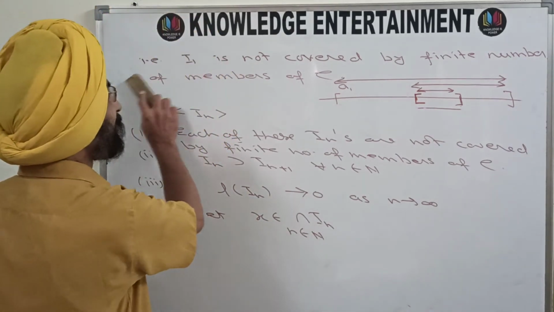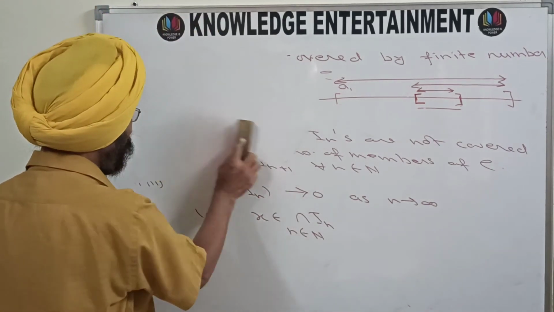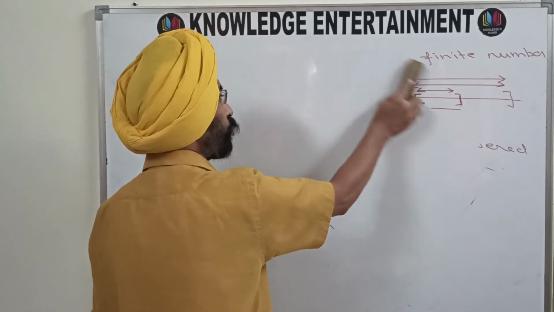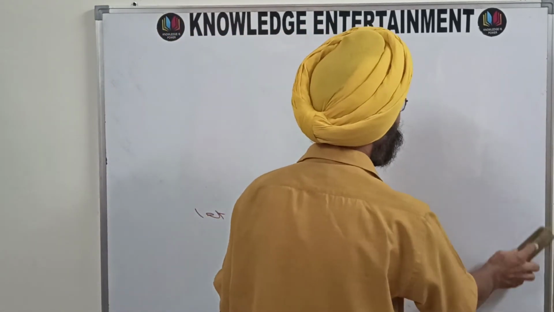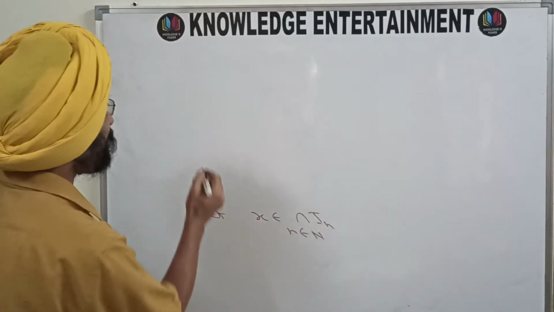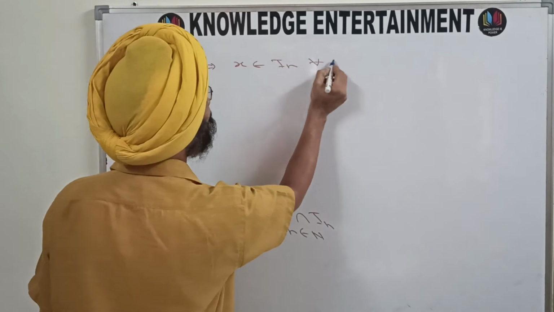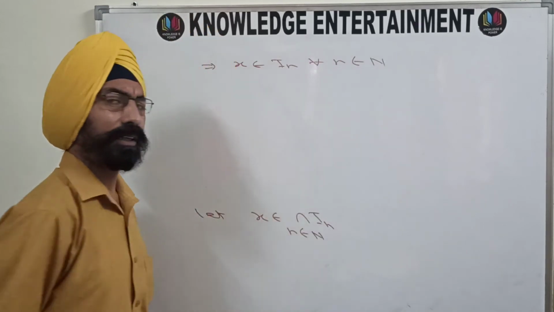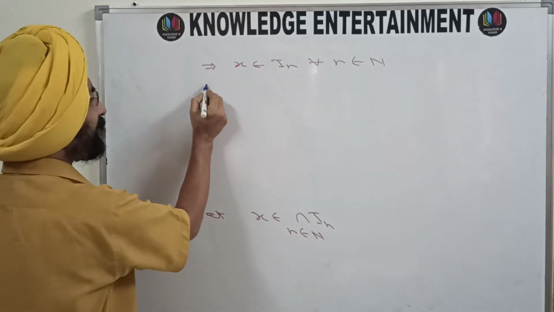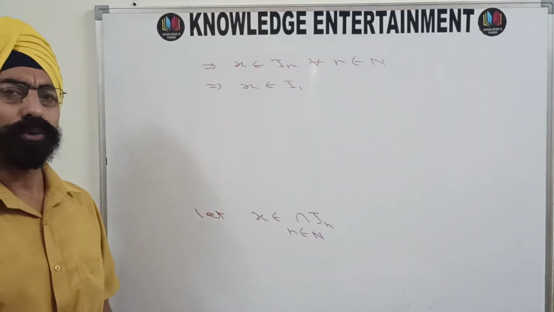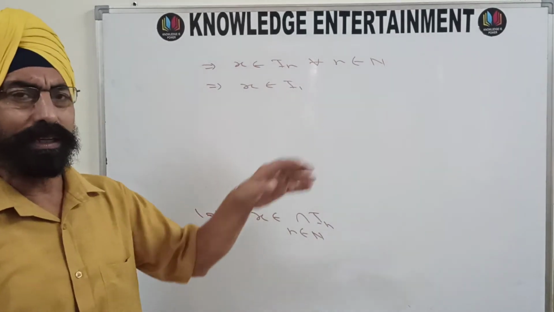Now x belongs to the intersection. That means x belongs to each of the In. This means x belongs to In for every n belonging to N. In particular, you can say that x belongs to I1.